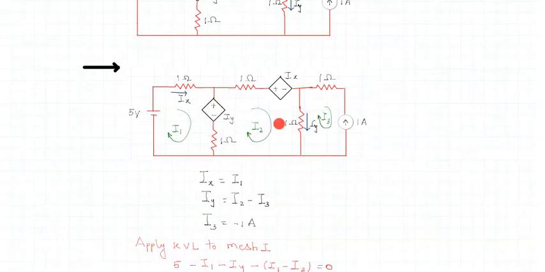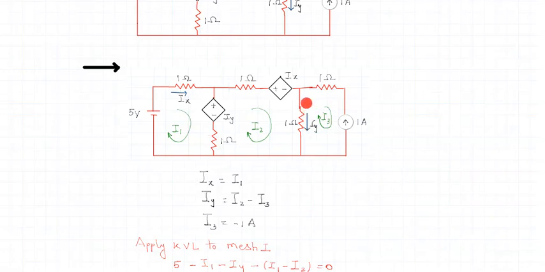Can I find an equation for Iy which depends on the network currents we have assigned as I1, I2, I3? Definitely. Iy is the current flowing through the 1 ohm resistor. Look at the direction in which Iy is mentioned and then formulate the current for Iy.